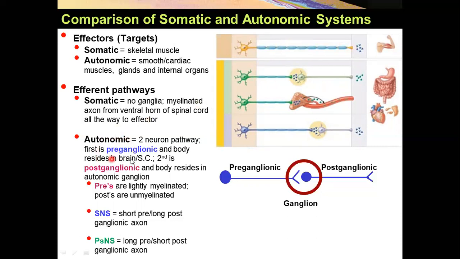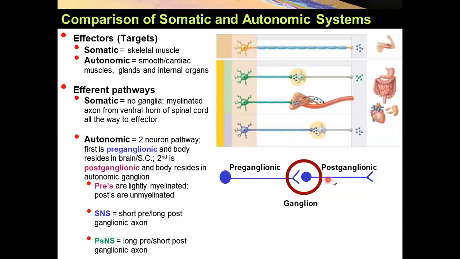For the autonomic nervous system, there are two neuron pathways. First is the pre-ganglionic neuron, and its body resides in the brainstem for the parasympathetics, and in the lateral horn of the spinal cord for both sympathetics and parasympathetics.